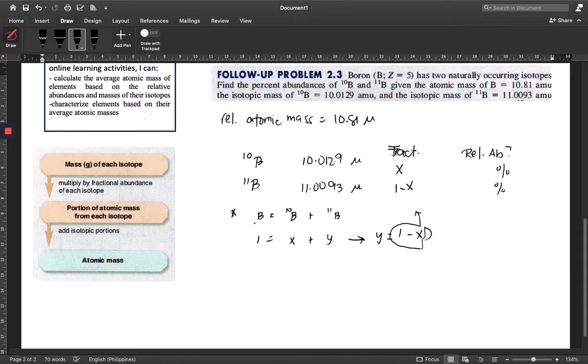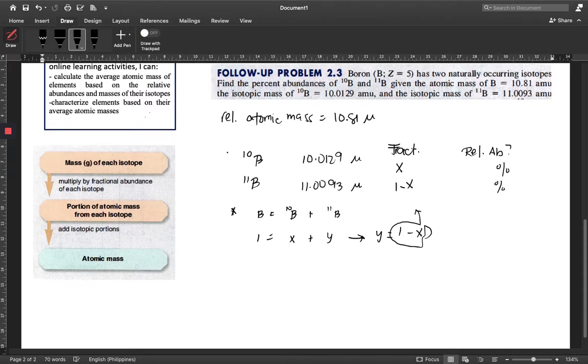And we know that in getting the relative atomic mass, we have to get the contributions of each isotope. Since we already have the relative atomic mass, which was our answer in the previous example, we can just write it directly. This 10.81 amu is equal to, so we include these terms, just like what we did in the previous example.